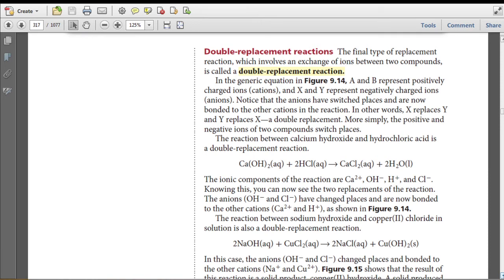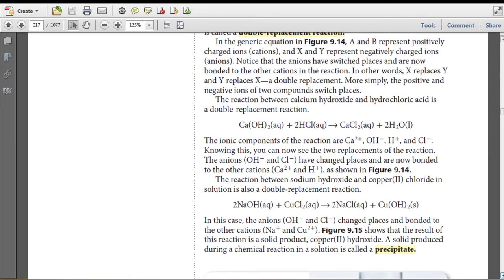The reaction between sodium hydroxide and copper(II) chloride in solution is also a double replacement reaction, in which sodium hydroxide plus copper(II) chloride yields sodium chloride and copper(II) hydroxide. Notice how in these equations both our reactants are aqueous, but we're always going to end with one aqueous compound and the other compound is going to be either a liquid, a solid, or a gas.